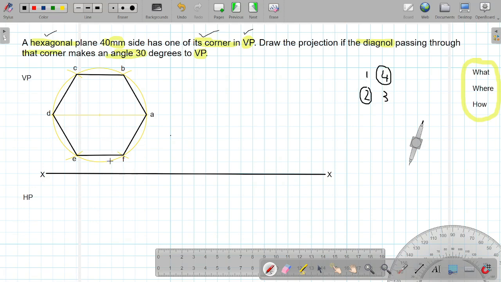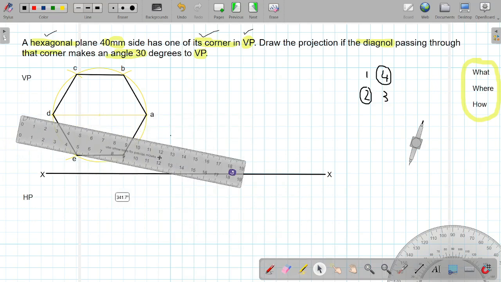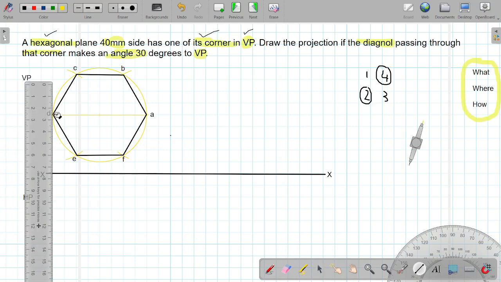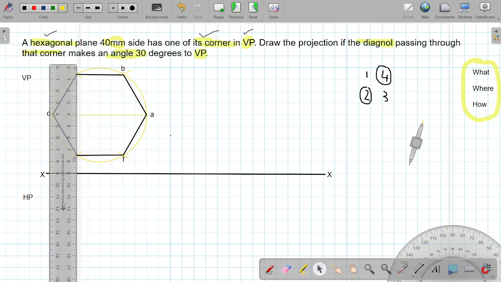So here taking the projections of all the points on the hexagon till the XY line, because it is mentioned that the corner is in VP. In VP means it is on the XY line. The projectors will be used only till the XY line.